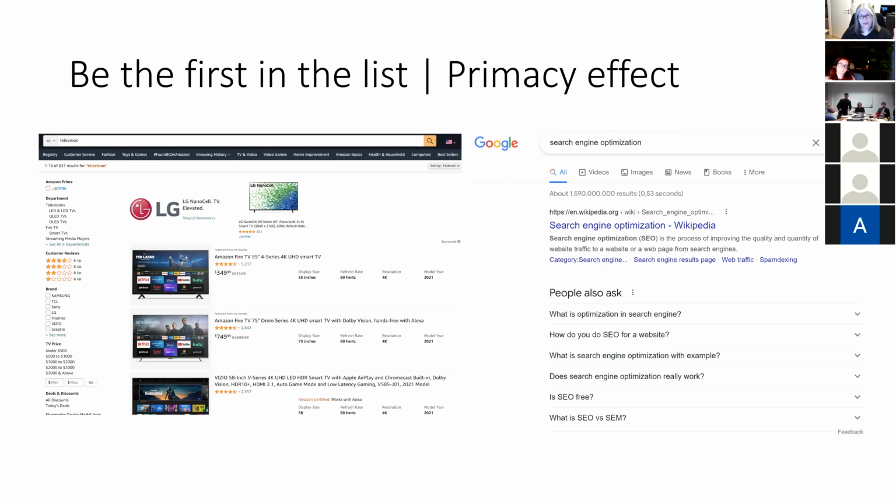Similarly, and this is kind of like anchoring, kind of ties in, there's this primacy effect, right? Stuff that shows up first is the stuff people remember. People don't go to page 2 of Google. So consider carefully what goes first when you present. If you're selling stuff, obviously the stuff you want to move needs to go first.